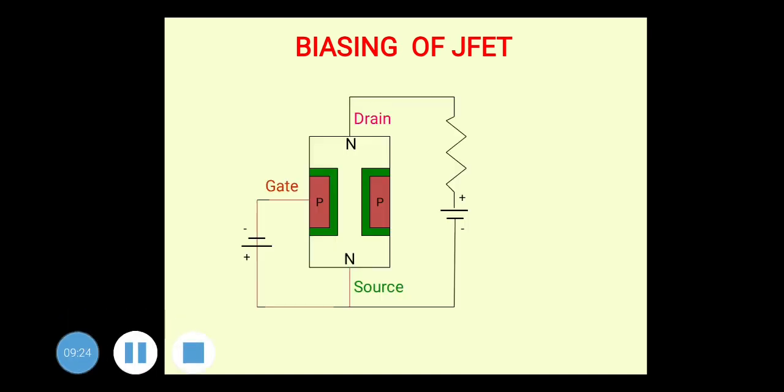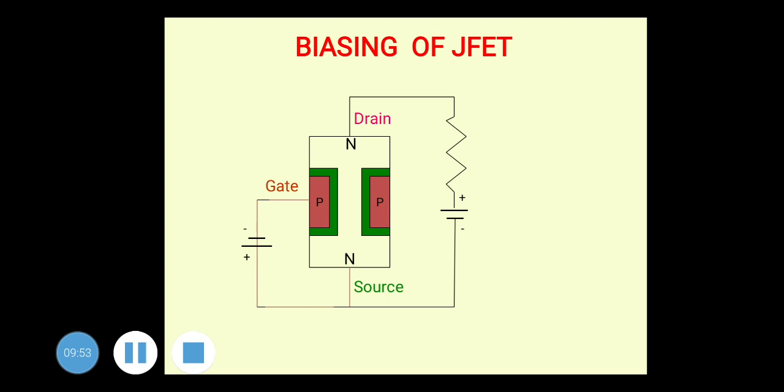So this is the circuit diagram of JFET. When you connect the power supplies, voltage sources, you can see the gate is reverse biased and the drain is forward biased. The gate is connected to the negative power supply and the drain is connected to the positive voltage.